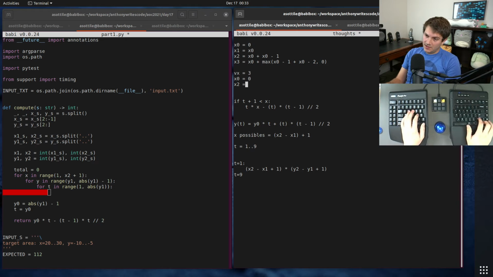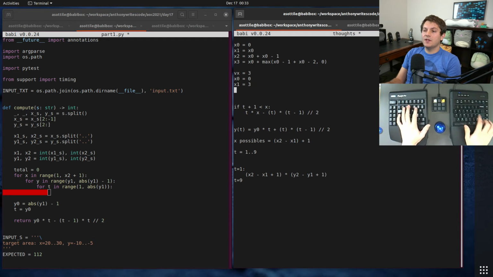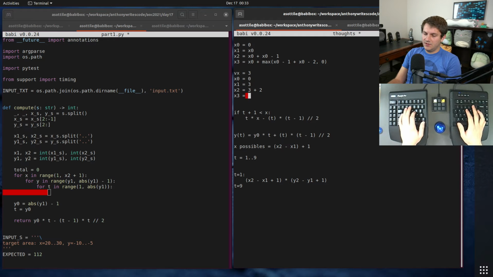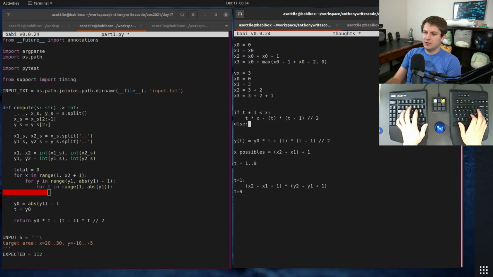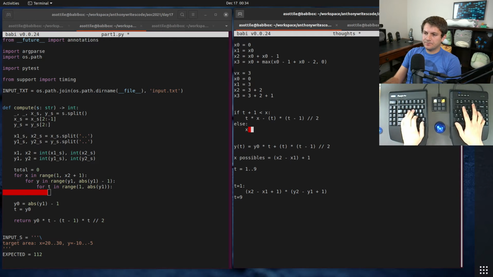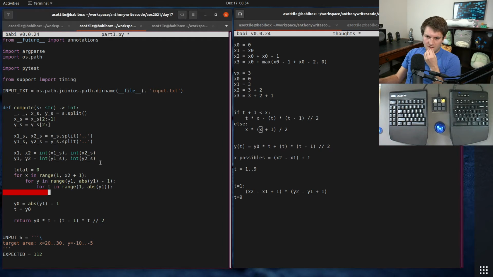Vx is 3. x1 will be 3, x2 will be 3 plus 2, x3 will be 3 plus 2 plus 1. So it'll just be n times n plus 1 over 2. So otherwise, x times x plus 1 over 2.